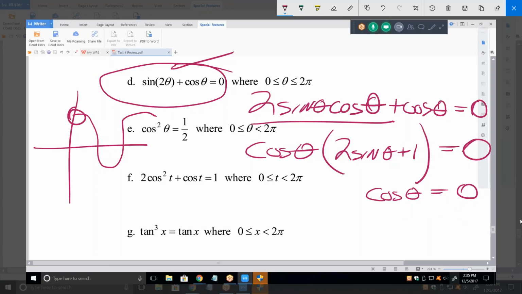Cosine of theta is equal to 0 at pi over 2. And where else based on my chart? Every time it goes back. Well, there's pi over 2. What's that one? 3 pi over 2.